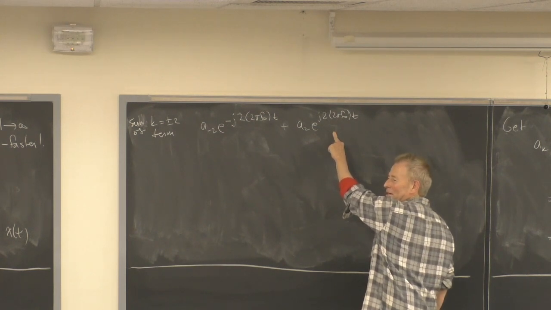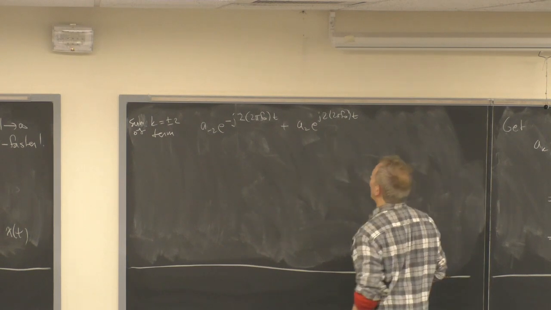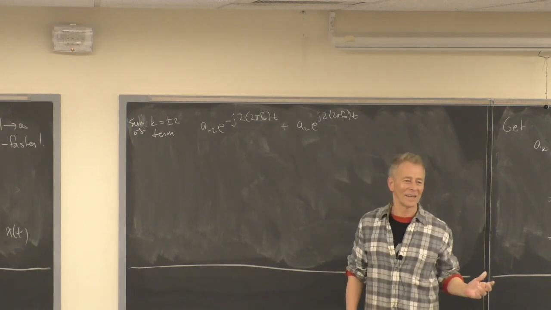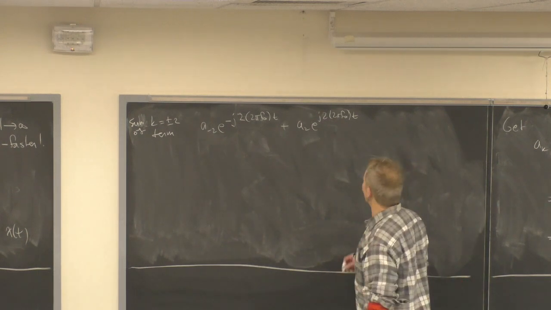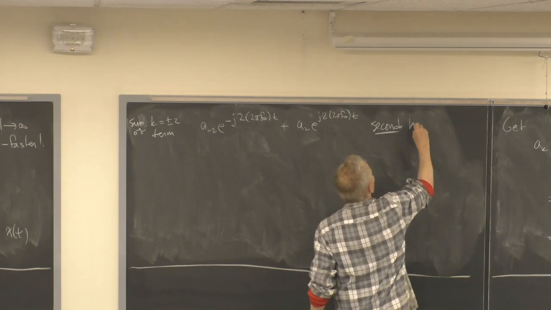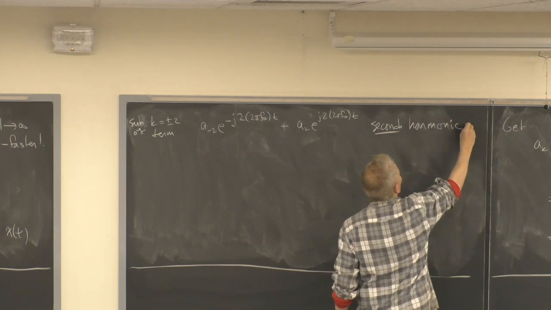That's what they say. I don't say that, and this book doesn't either. I call this the second harmonic, even though we don't have a first harmonic yet. The reason I call it the second harmonic is because I want to call the plus and minus k terms the kth harmonic component.